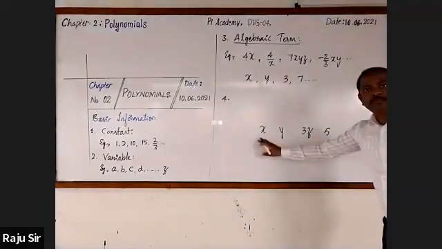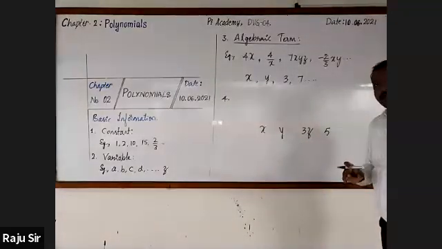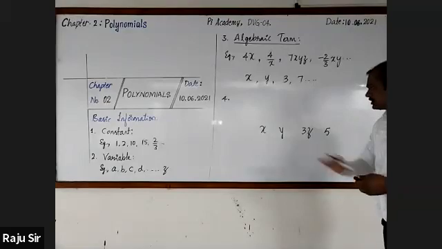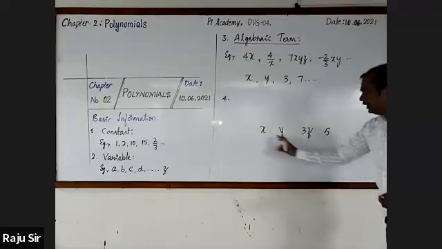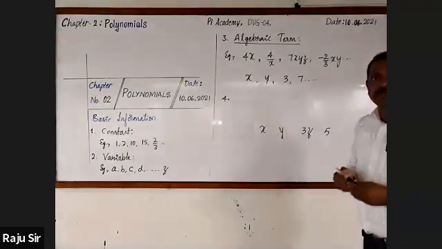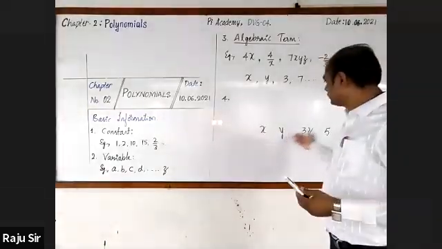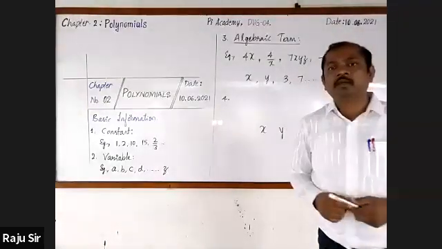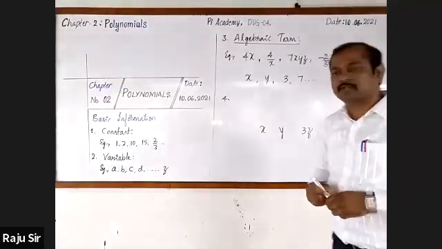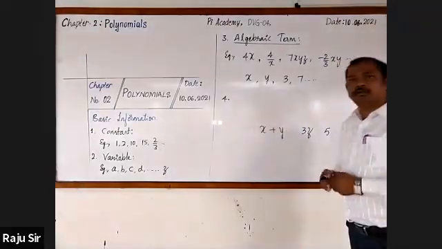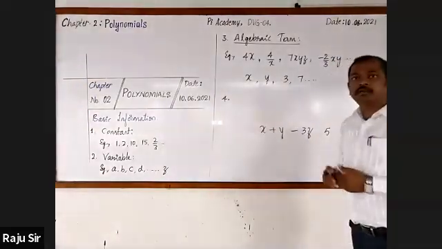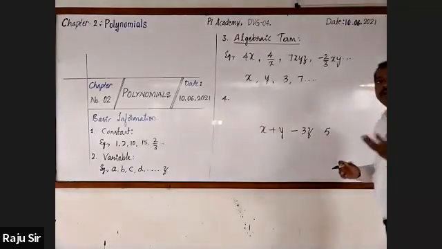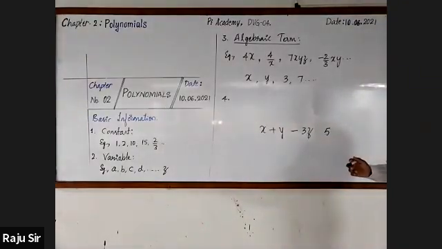Here I have taken 4 algebraic terms. Any number of algebraic terms can be taken. I have taken only 4. In between 2 algebraic terms, let's use any of the fundamental operation symbols. You may use plus sign or minus sign or multiplication sign, even division sign also.